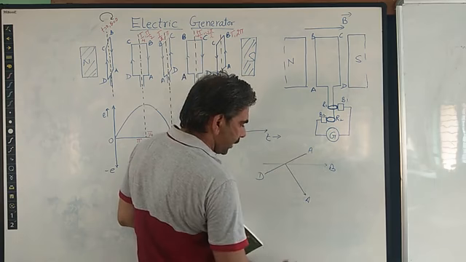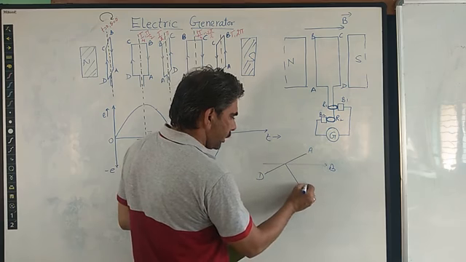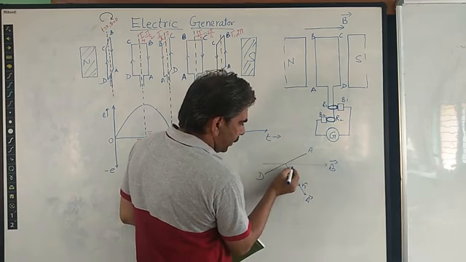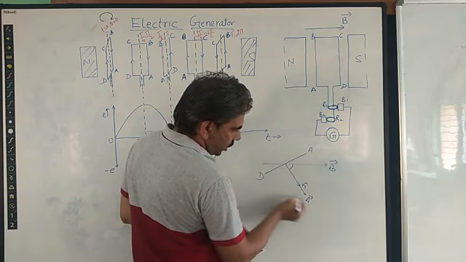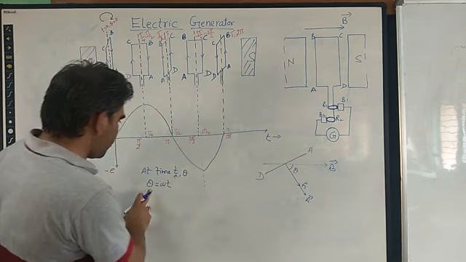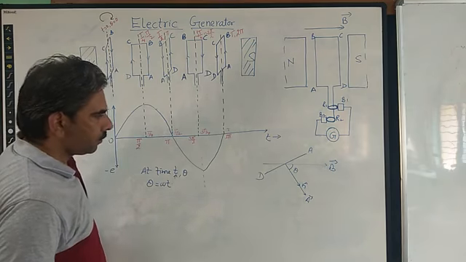So this is the area vector. You can also call it the unit normal vector, and the angle made by the magnetic field with this area vector is theta, which at any point of time is given by omega t. Theta is equal to omega t.